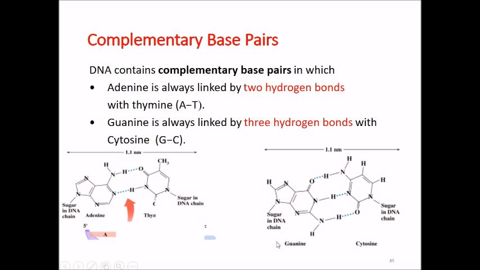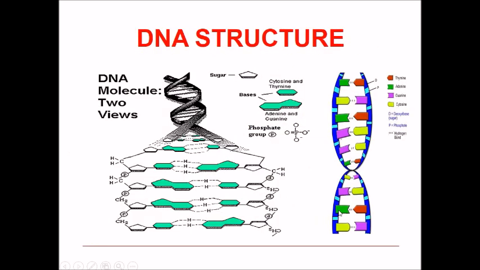Meanwhile, guanine always and only bonds with cytosine, forming three hydrogen bonds. Okay, so you can see over here. Therefore, the structure is like this. Okay, spiral. This one we call a double helix structure.